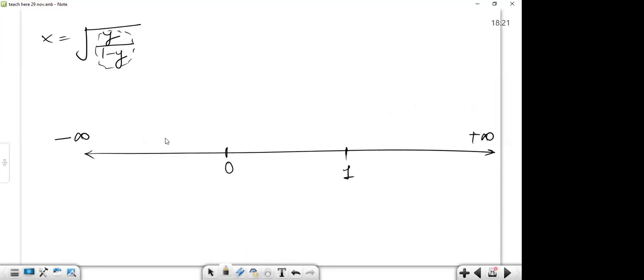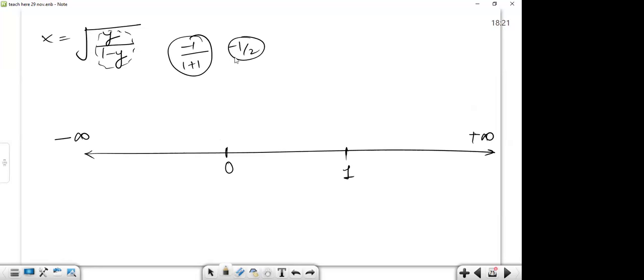For all the values less than 0, for the negative y's, this is definitely going to become negative. Let's take minus 1 for example: minus 1 upon 1 minus minus 1. So this whole term becomes minus half, which is negative. So we have to avoid all the negative values. So these values will be ignored. Y is equal to 0.